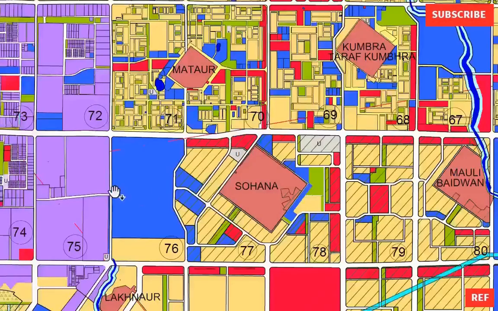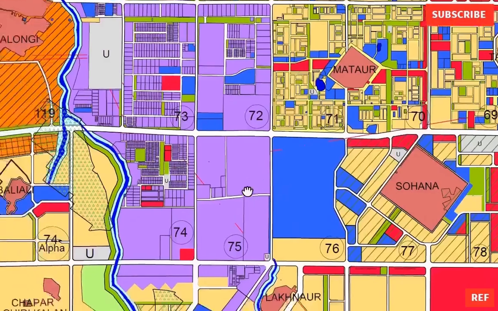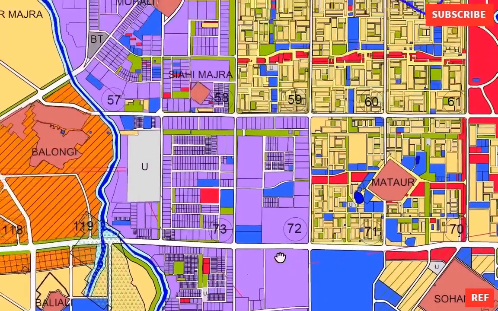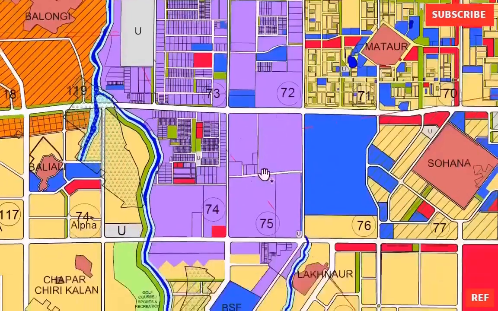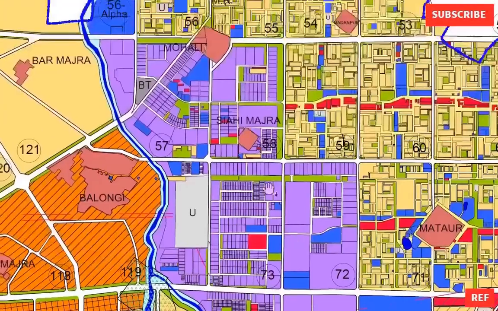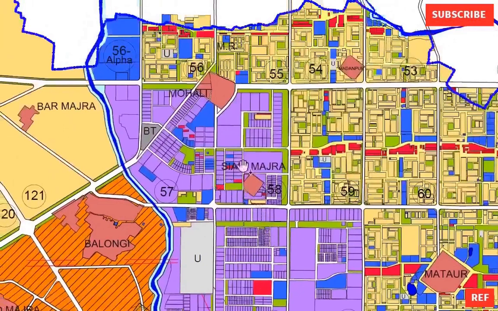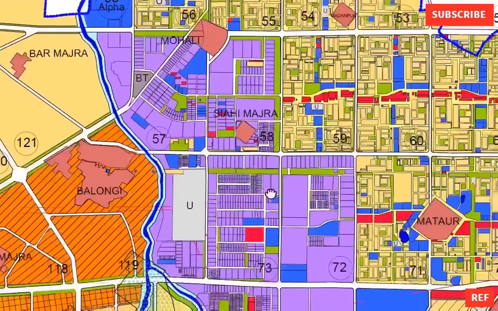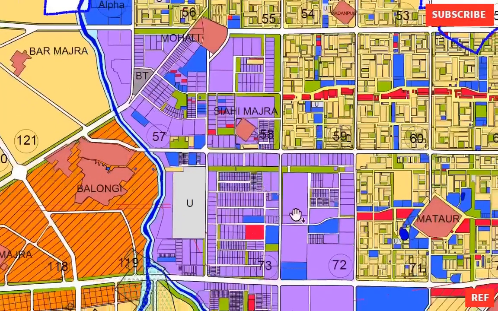Then here in 57, 72, 74, 75. So all of these areas are actually the industrial areas. So we have a lot of area reserved as industrial area in Mohali. It is meant to be used by industries.